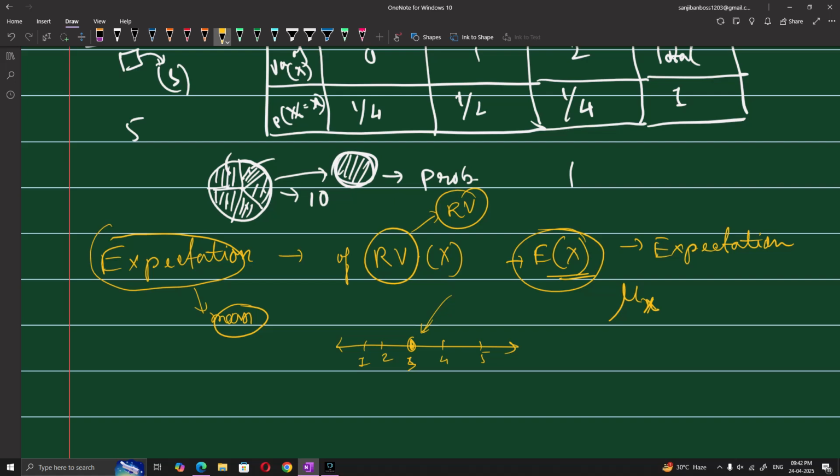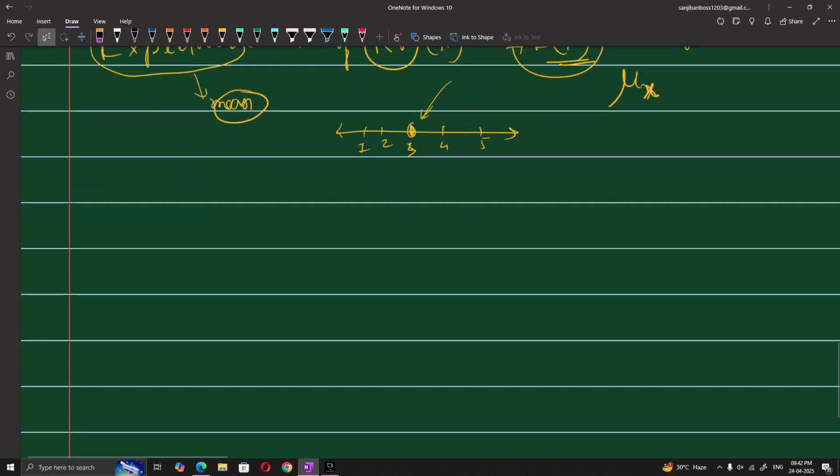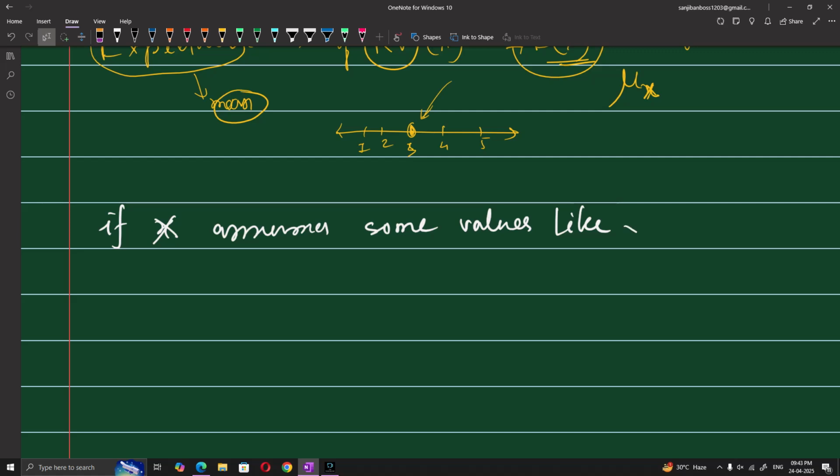if X assumes some values like x1, x2, and so on, all in small letters, with respective probabilities, means x1 has the probability p1, x2 has the probability p2, and so on, xn has the probability pn, and where summation of pi is 1.